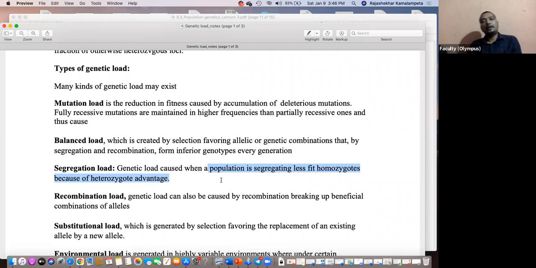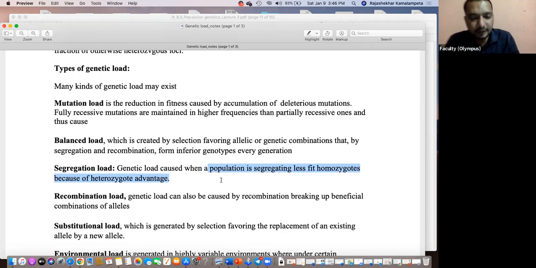So this is one type of genetic load where we are blaming segregation as the cause, which is a natural process. Sometimes you may question it, since segregation happens anyway and has to happen. But in the literature, some people have explained this as a specific type of load. And here the new combination is formed beginning with segregation.